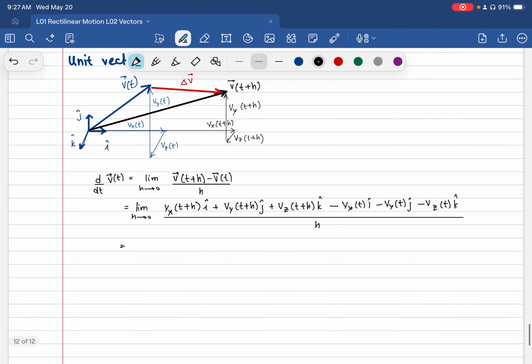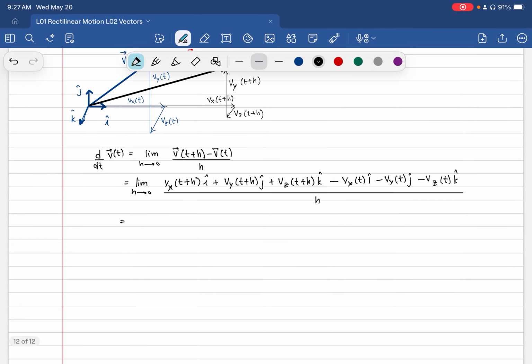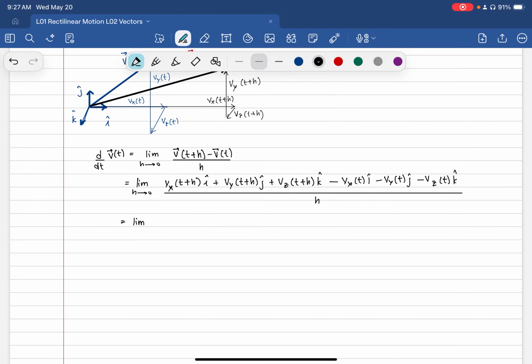We can always group the terms together. So then you get limit h tending to 0. I now collect all the I hat terms. So it is vx of t plus h minus vx of t over h in I hat.